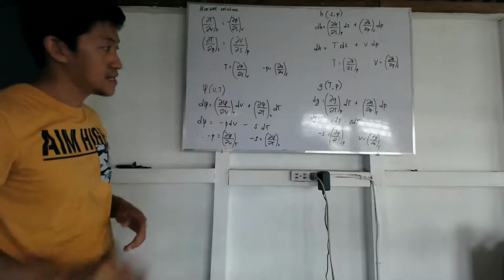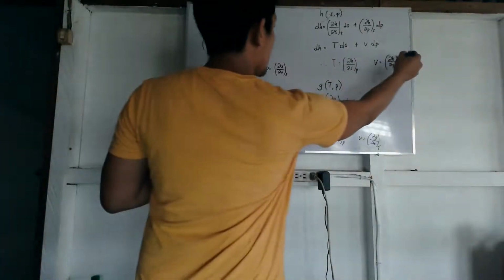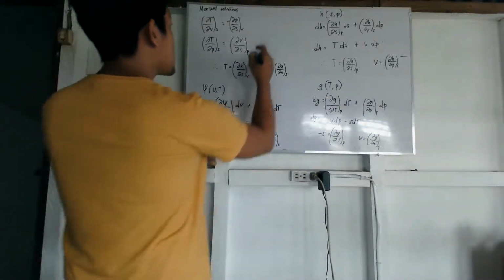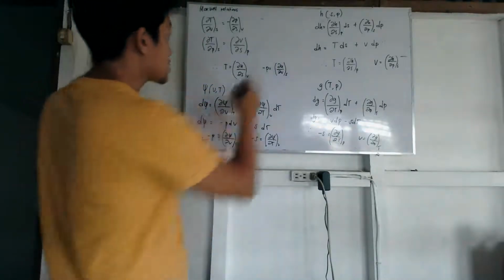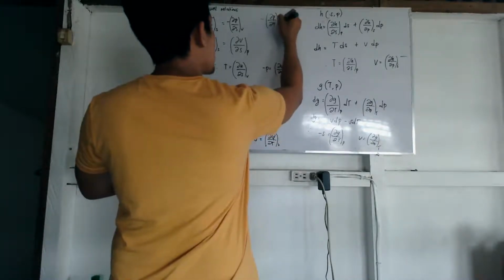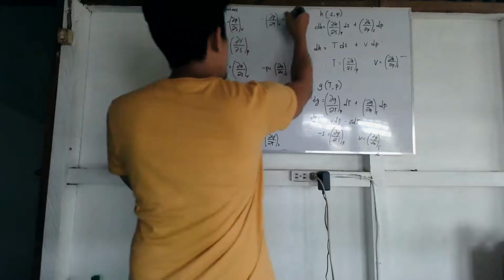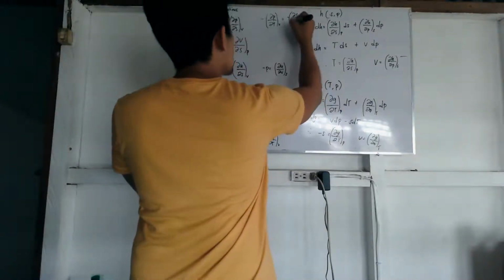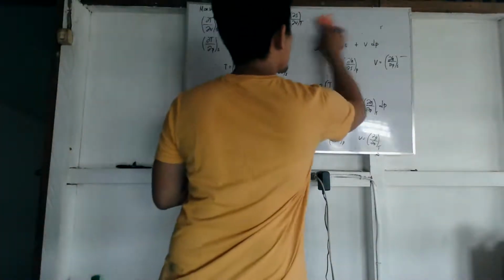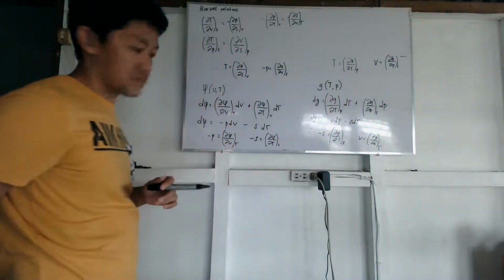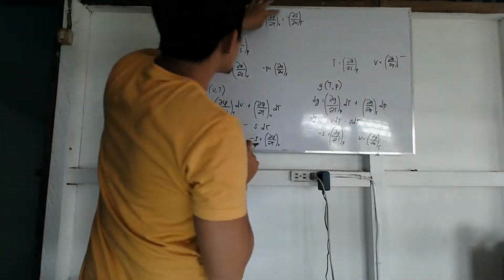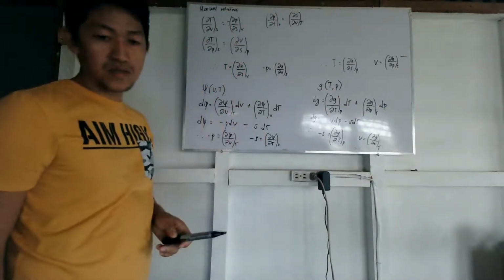And then, based on the Helmholtz function, we differentiate: negative partial of S with respect to V is equal to partial of P with respect to T. The negatives cancel.